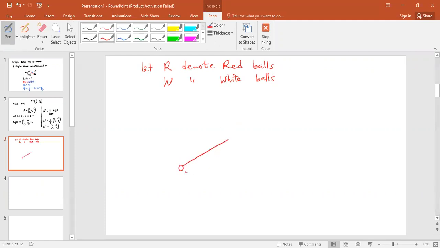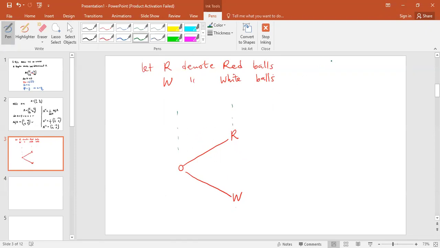This is the first one. So we have the red and we have the white. Let's take note, this is the first pick. This is the first ball that is picked. So the possibilities are, how many are there in total?